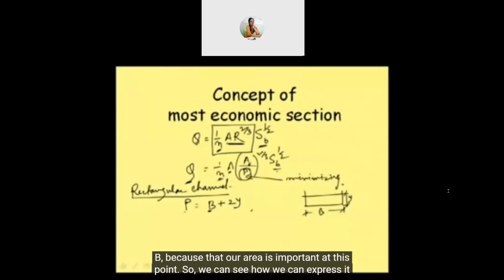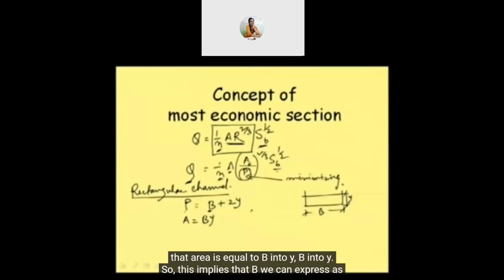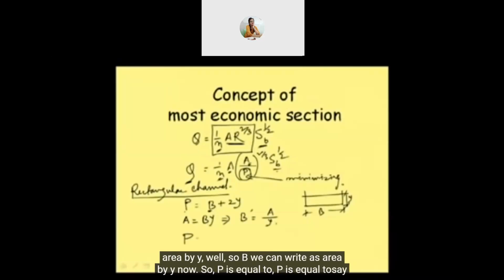So we can see that area is equal to B into Y. So this implies that B we can express as area by Y. So P is equal to A by Y plus twice Y. Now we can consider P as a function of Y, because we are targeting that A is fixed, and then we are trying to find P as a function of Y.